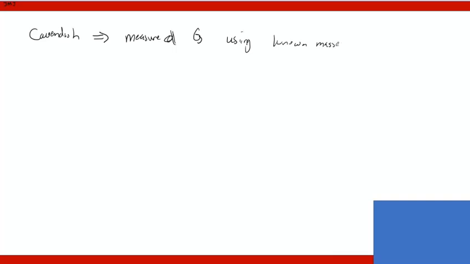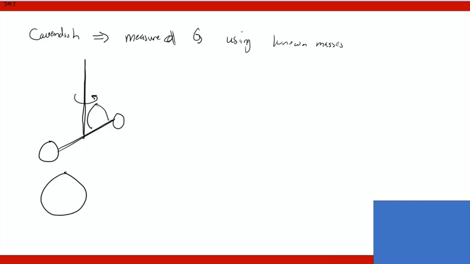He had a set of very large balls like this, connected to a suspension system that could twist around, and then an even larger set of bigger balls that could be attractors for this small set.